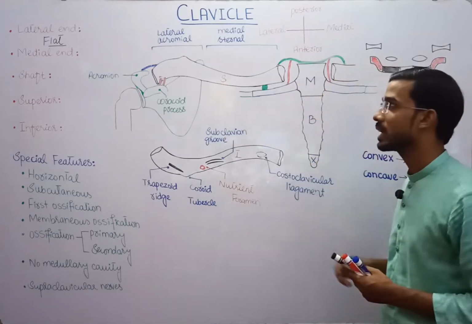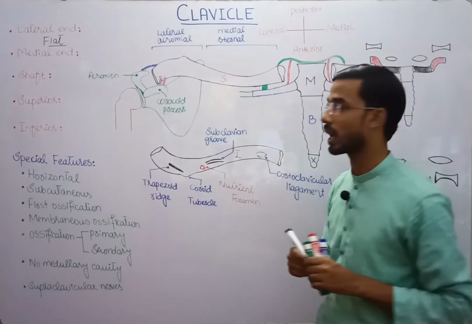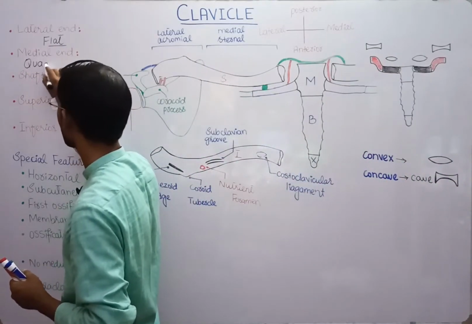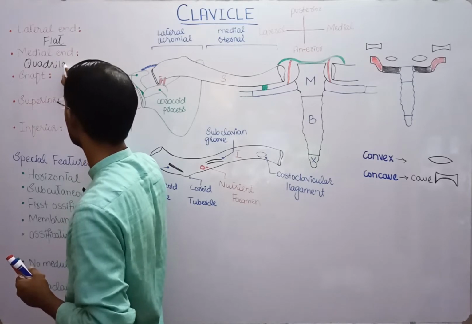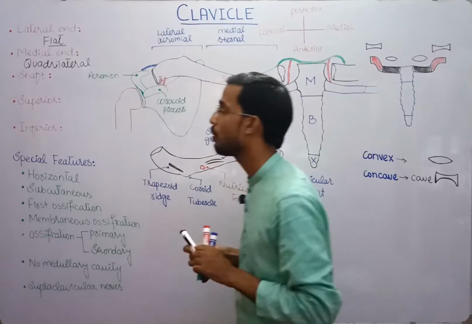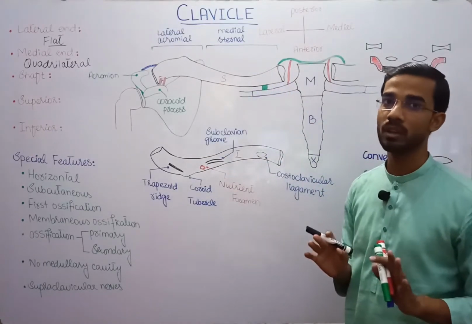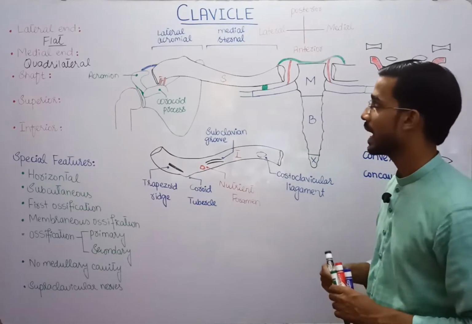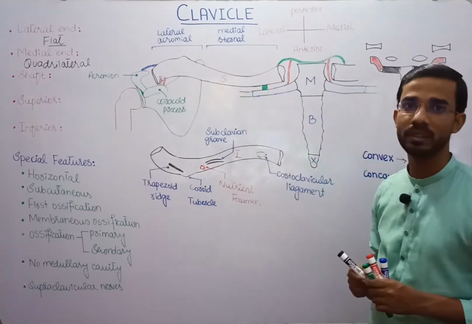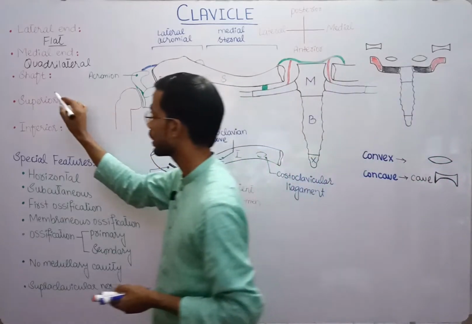The medial end is quadrilateral, having 4 sides. Quadrilateral is a structure having 4 sides. And the central portion is called the shaft, and it actually curves.